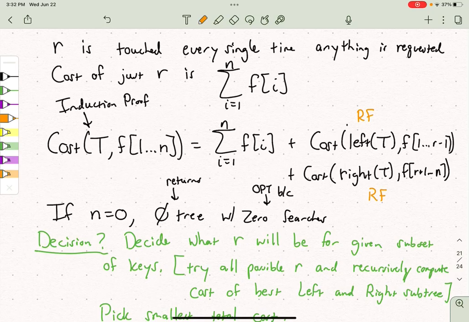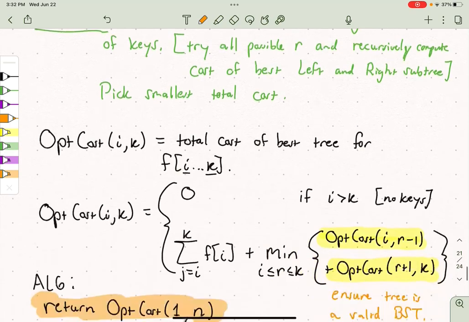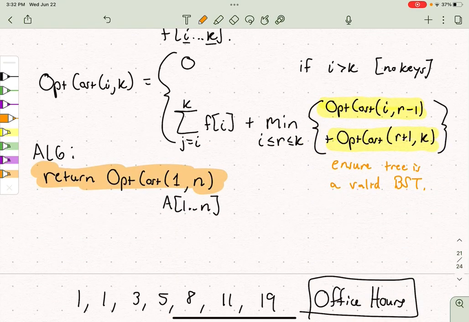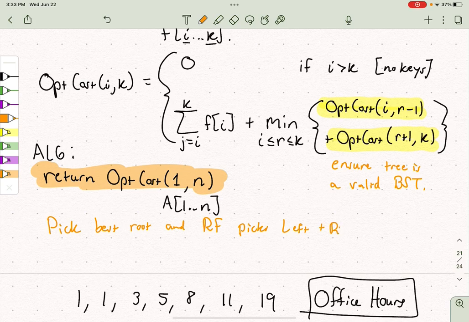And so if we have the correct cost of a total tree, and we're trying all possible trees, the whole thing is correct. So we pick the best root, and the recursion fairy picks the best left and right for that root.